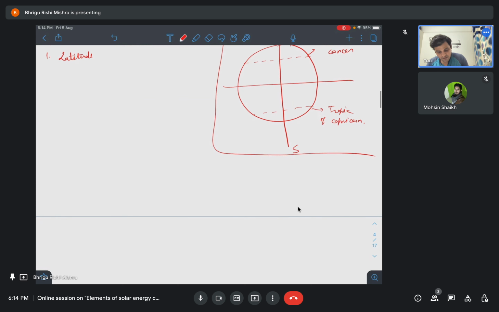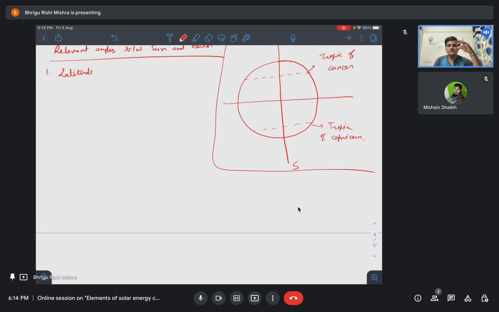So latitude describes the position of the observer at any point on the Earth with respect to the equatorial plane. Suppose this is Earth, and this is the center of the Earth, and this is the equatorial plane.